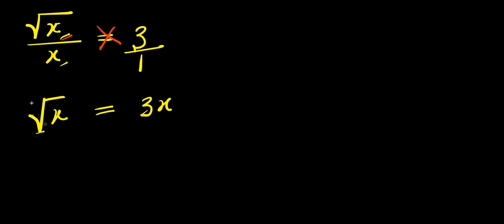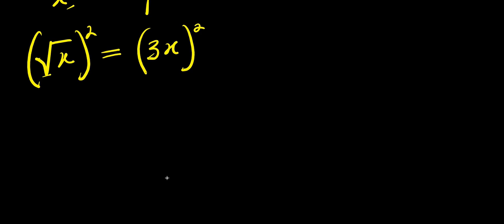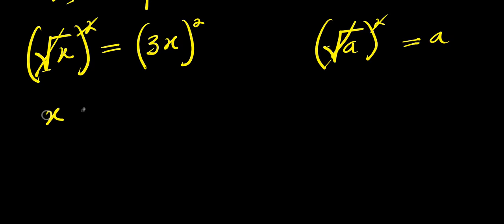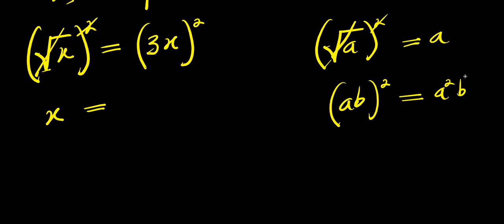Now the square root here, I can decide to take the squares of both sides of this equation. Now remember, if you have square root of a raised to the power of 2, this will give you a, because this eliminates this. So I have x equals, for this, if you have a times b raised to the power of 2, this is just like writing a squared times b squared, distributing the power to each of the terms here.